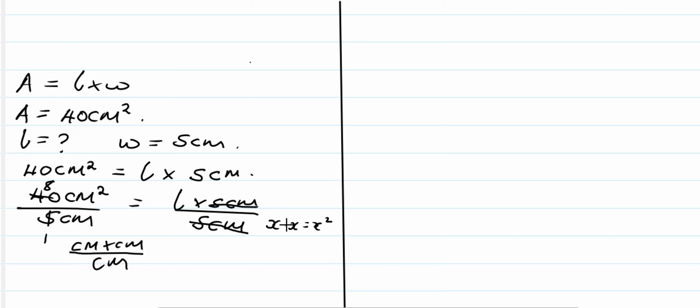So now I can expand it. When I expand it to centimeter multiplied by centimeter, 1 centimeter here goes with this one, and we remain with only 1 centimeter. So length now becomes 8 centimeters. So we have eliminated the squared.